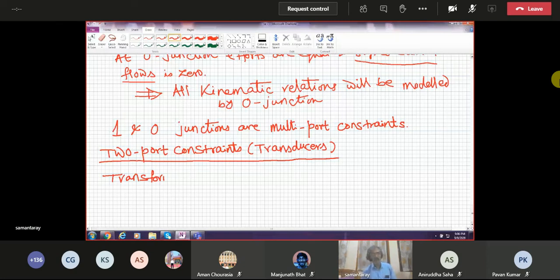As the name suggests, it will be TF, which will be modeled like this. One side power input, other side output. One side power in, other side out.